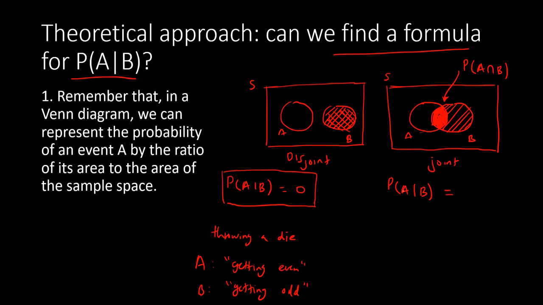What is the probability of A given B? It's going to be the ratio of this probability, the probability of A and B, the ratio of this area to what? To the whole area of B now, because this is my new sample space, the probability of B.